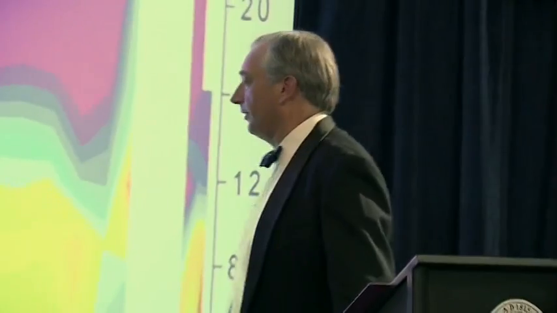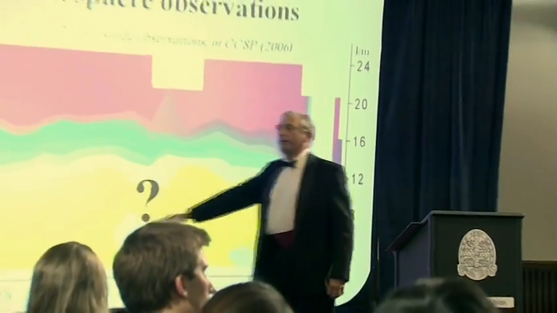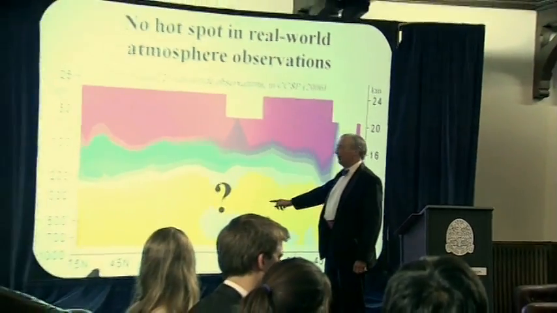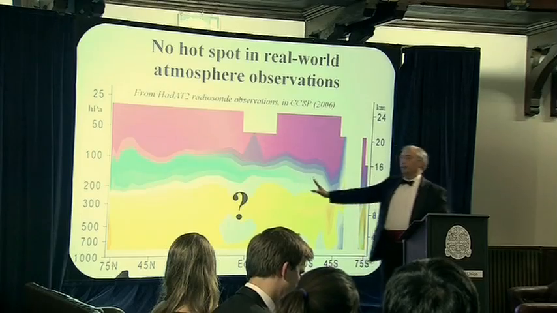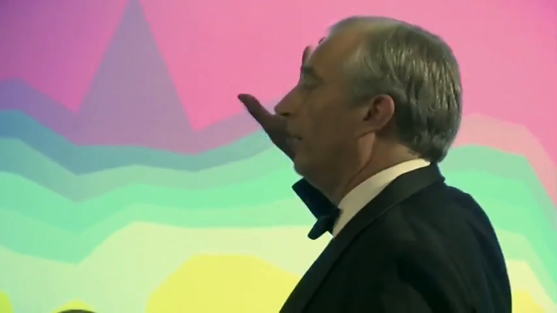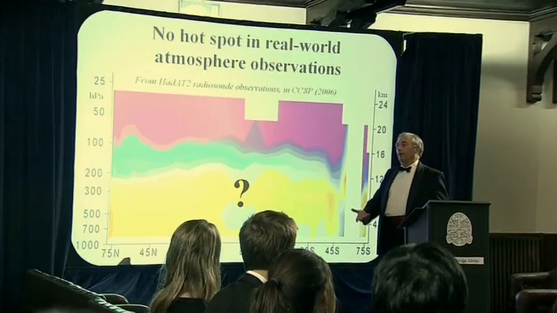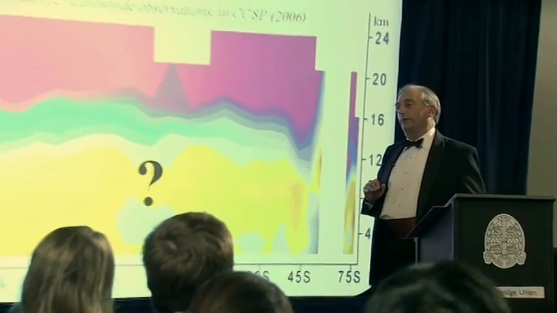Again, we've got the latitude down here and the altitude up here. That's where this hotspot is, or rather is not. And practically all the records of tropospheric temperatures in the tropics do not show this tropical hotspot at all. And the ones that do show no more than just a little flicker above the ground temperatures and nothing more than that.